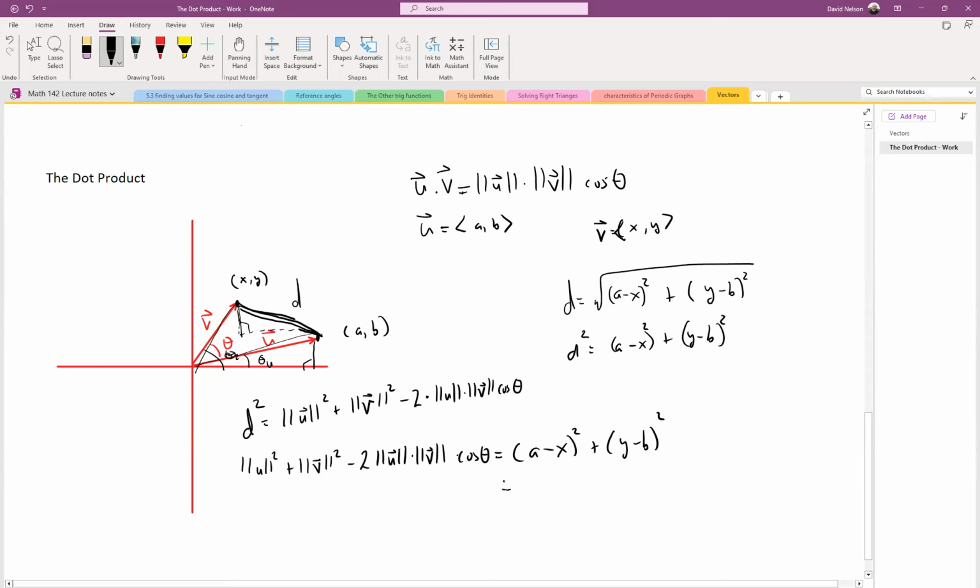All right, let's simplify out this left-hand side. Let's start with that. A minus x squared is an a minus x times an a minus x.